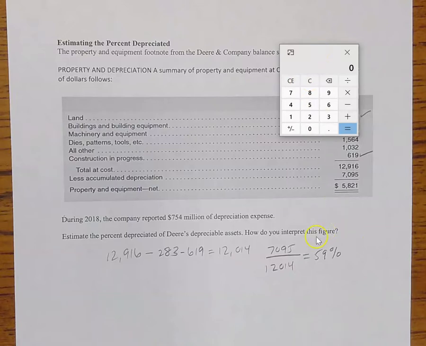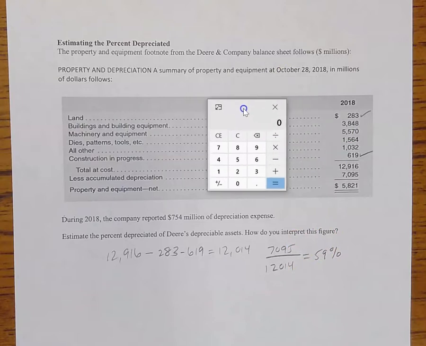Well, the magic number is usually about 50%, so we're probably dealing with some older assets, and we can actually kind of prove that. If we were to take 754 right here in millions and divide by the accumulated depreciation of 7095, we would come out with a fairly small percentage, 10.6%.